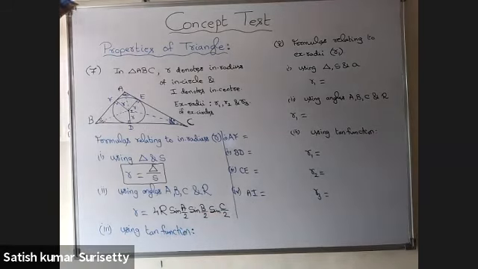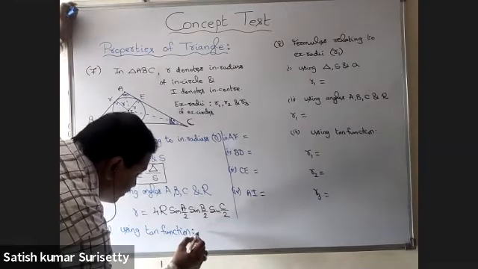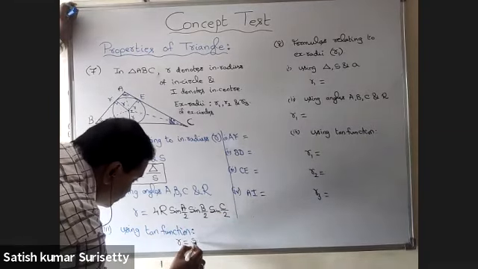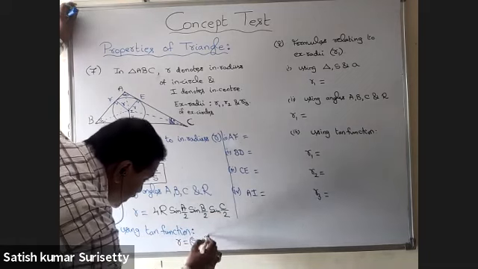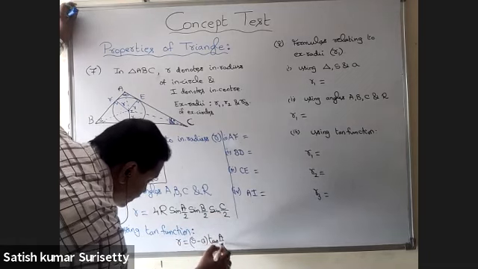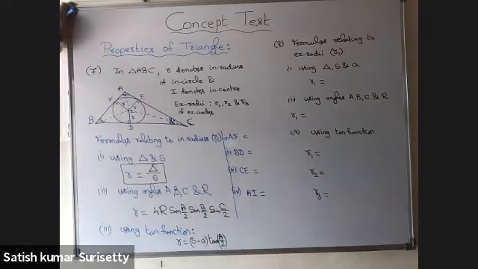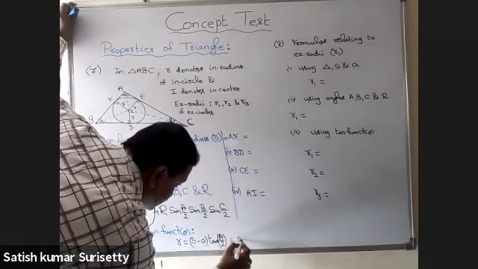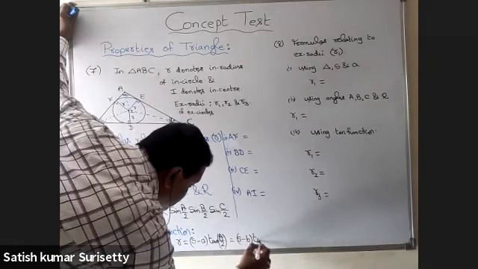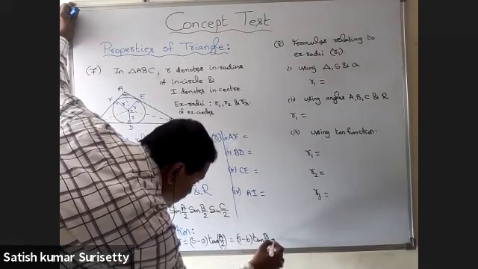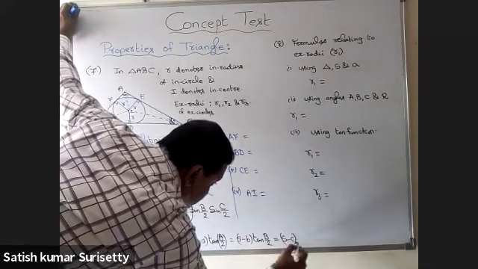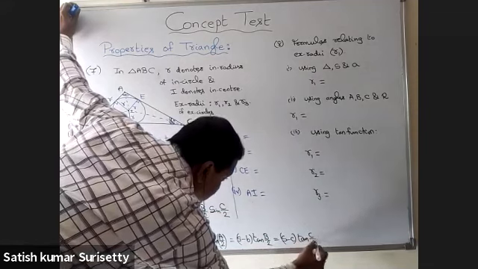Using tan function, r equal to (s minus a) tan A by 2. Similarly, we can write (s minus b) tan B by 2, (s minus c) tan C by 2.